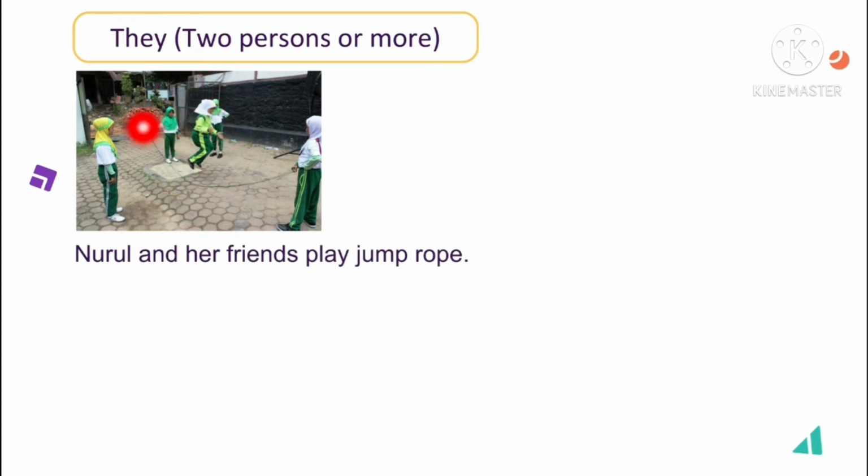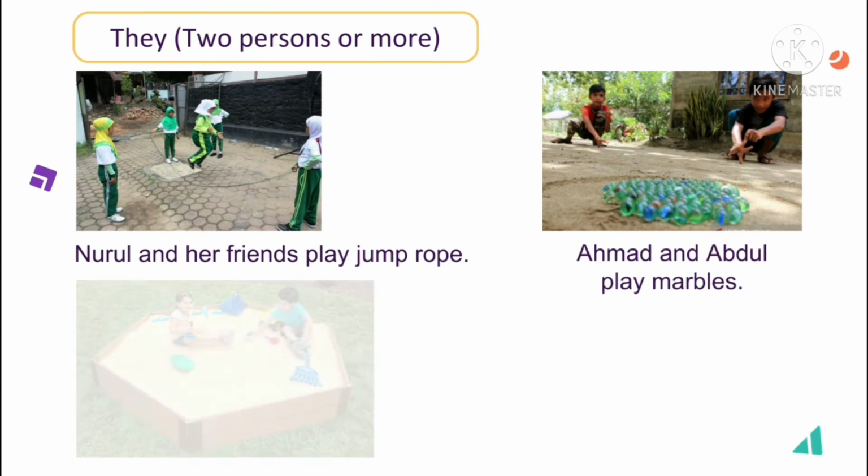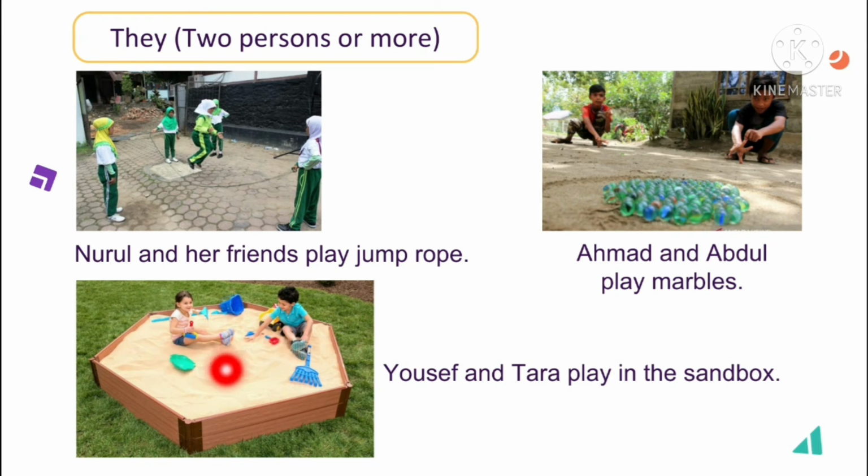Nurul and her friends play jump rope. And this one? Ahmad and Abdul play marbles. Yes. How about this one here? Yosef and Tara play in the sandbox. Yes. They play in the sandbox.